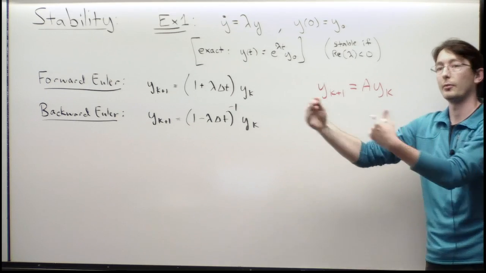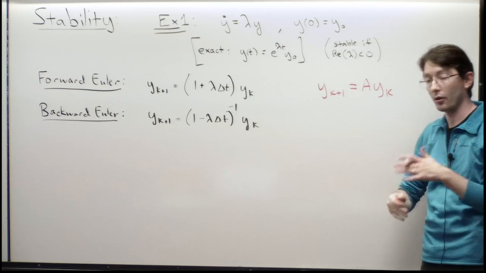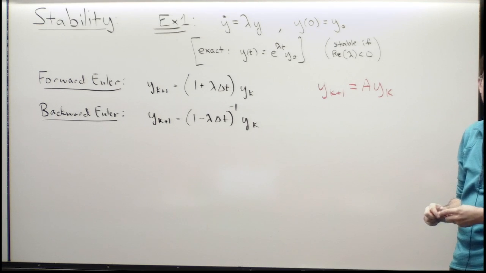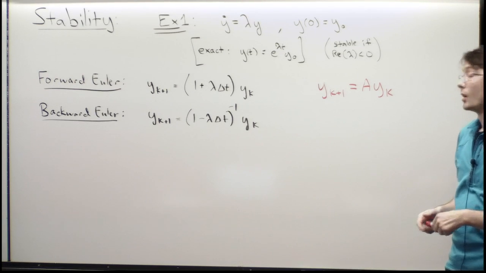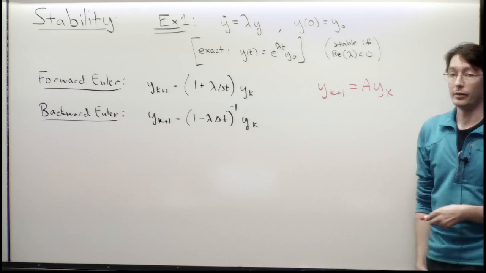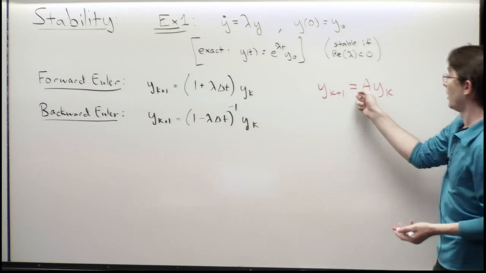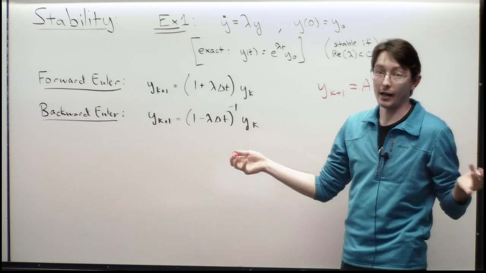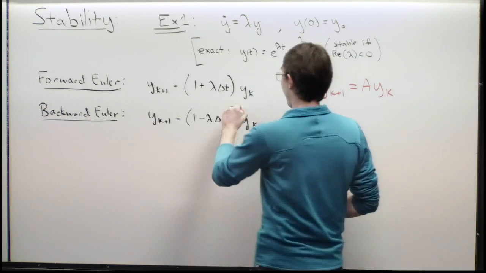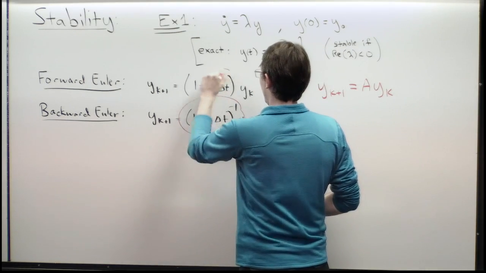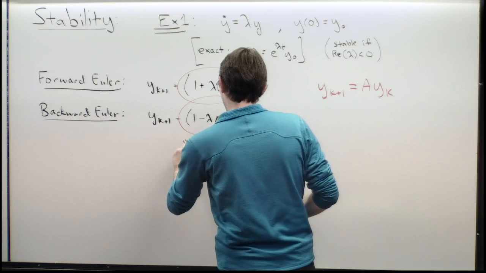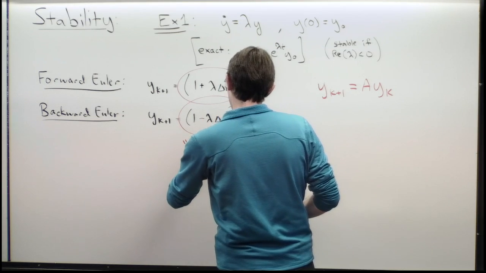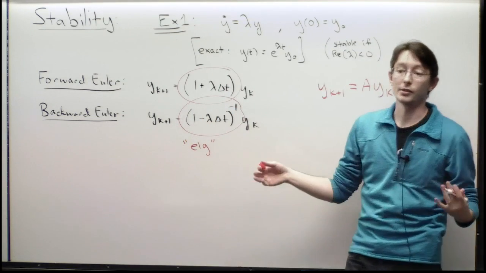How do I know if yk plus 1 is going to get bigger or smaller, or what's going to happen? That's right. I look at the eigenvalues of A, or in this case, because this is just a number, the only eigenvalue is that number. So I look at the eigenvalues of those numbers, and it's just those numbers.